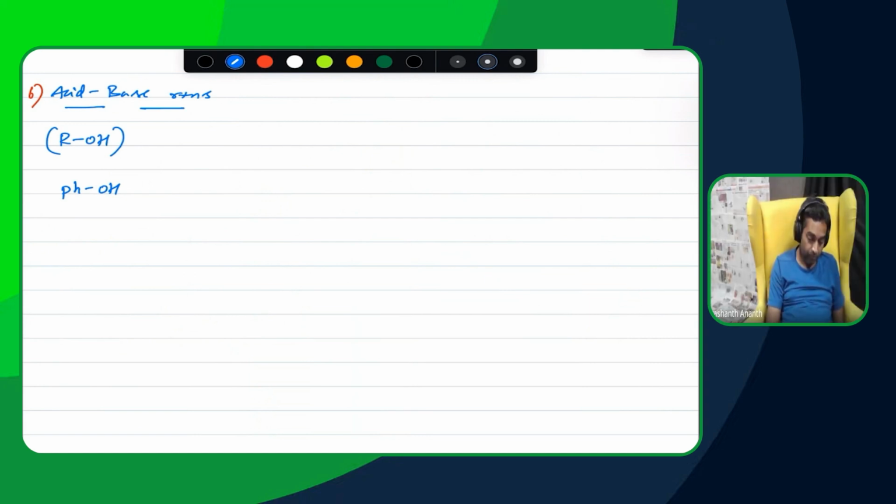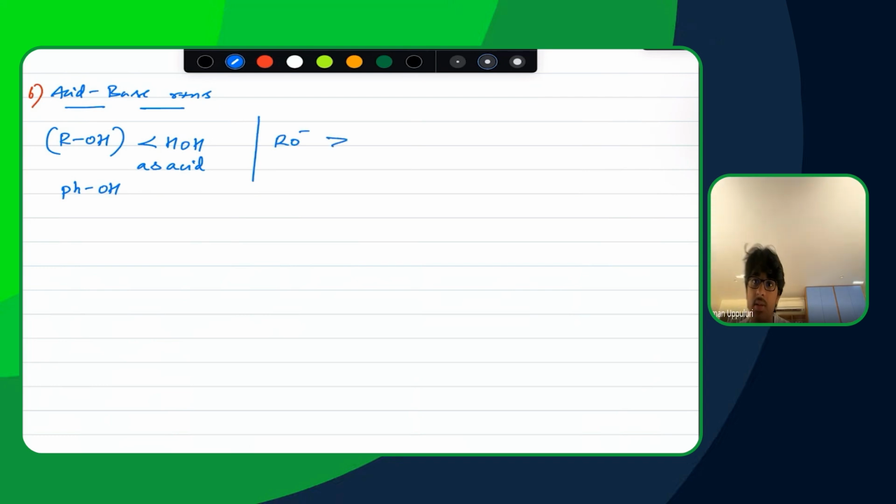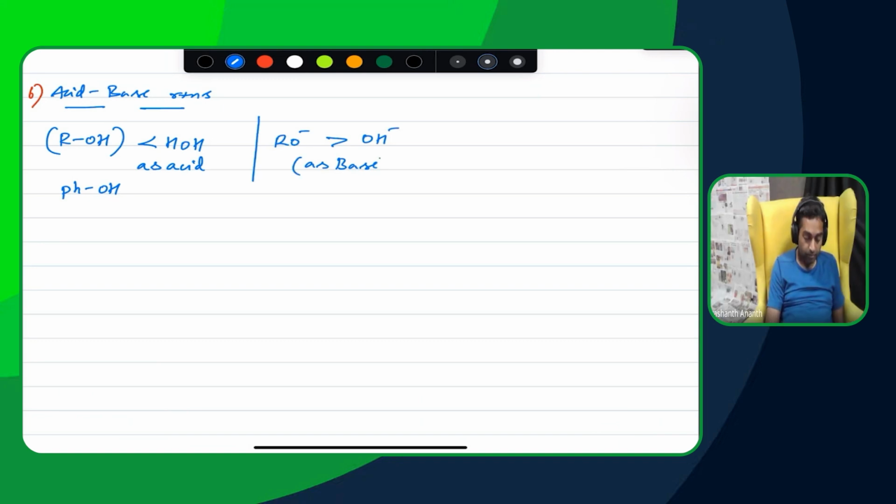Weaker. So this is weaker than water as an acid. But that consequently also means RO minus is a stronger base than OH minus. Phenol on the opposite end is going to be stronger than water as an acid.